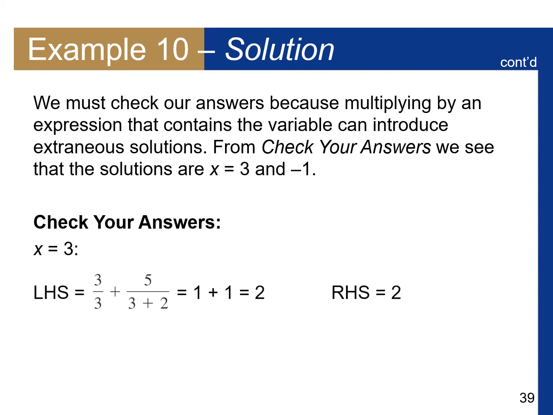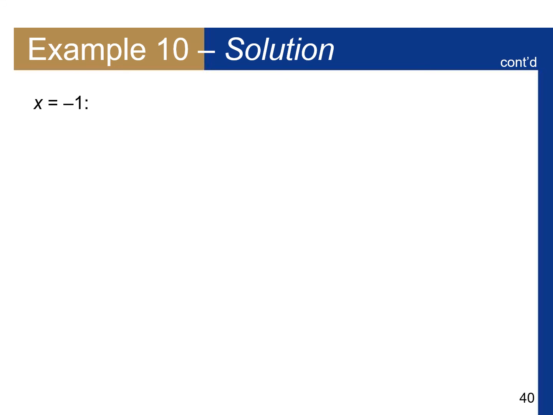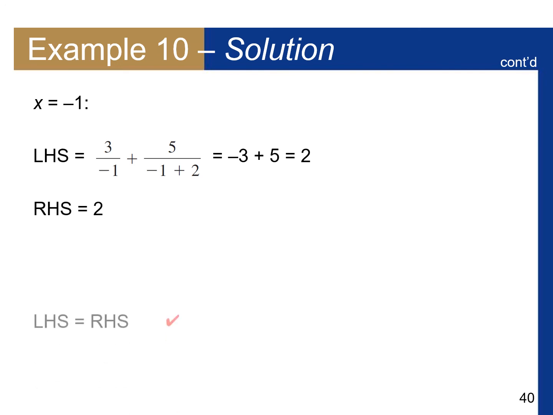If I check 3, I will get 2 on the left and 2 on the right. So that works. If I check -1, I will get 2 on the left and 2 on the right. So it also works, but that's not always going to happen.